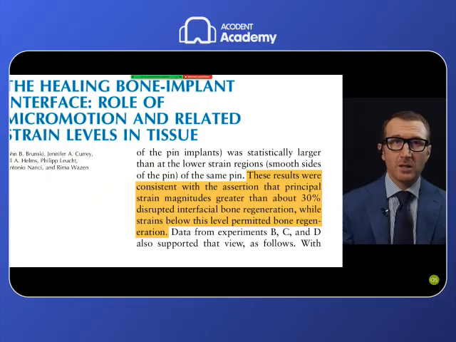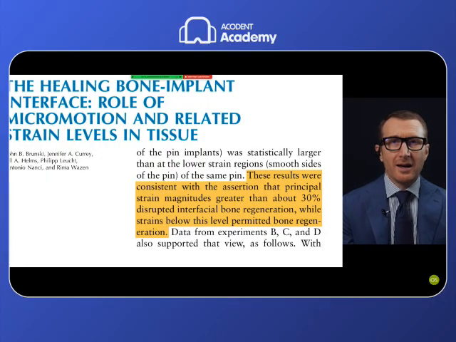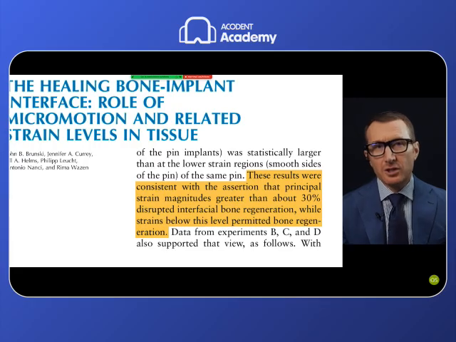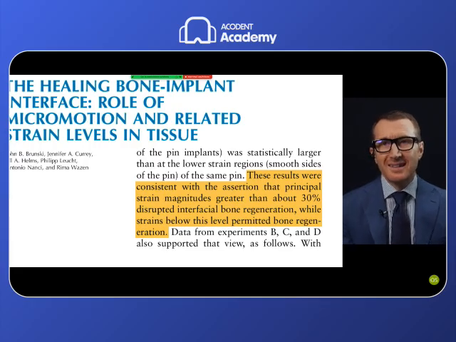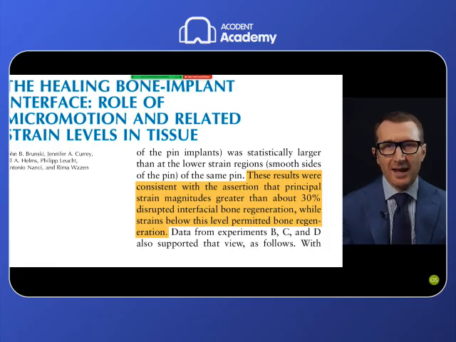It's so important because we know from many studies performed more than 30 years ago by Bransky that magnitudes of strain of more than 30% are going to reduce the level of bone formation.